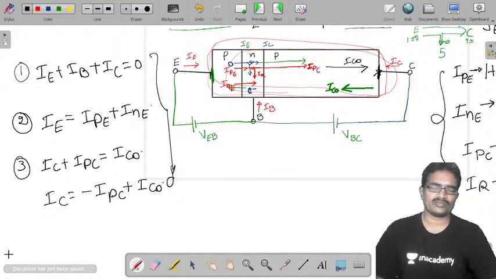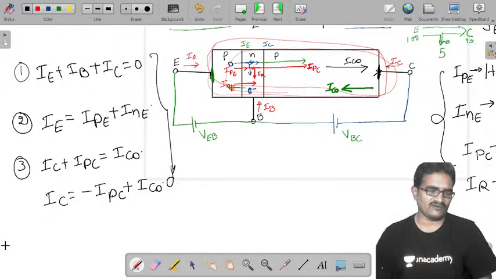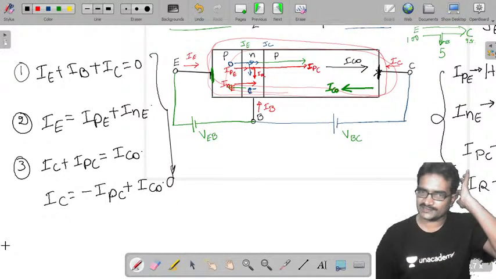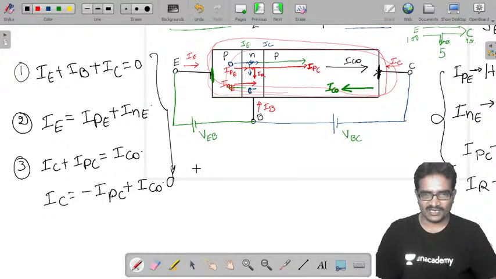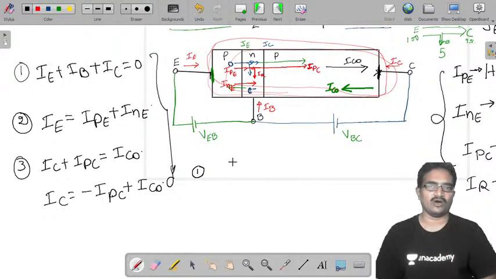Okay, now to represent the performance of a transistor, I am going to define a few parameters. In that, the first parameter is emitter injection efficiency or emitter efficiency. So in the next slide I am taking this.